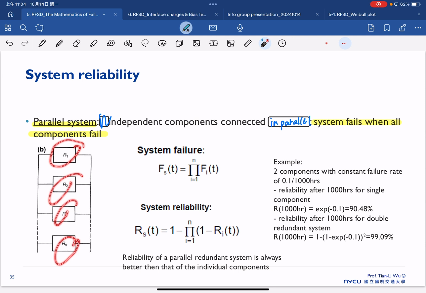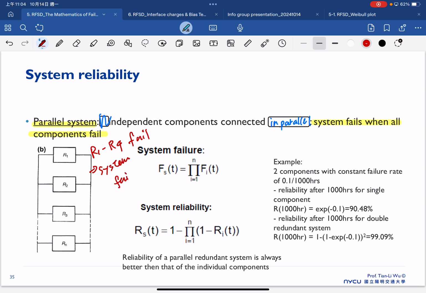The system fails only if the whole R1 to R4, all 4, fail. So the system will fail if all of the components fail here. So we can have this system failure function and system reliability function.